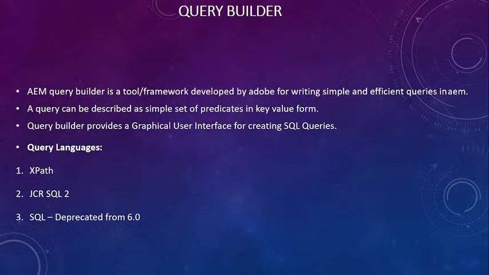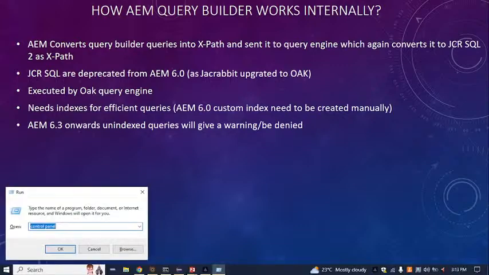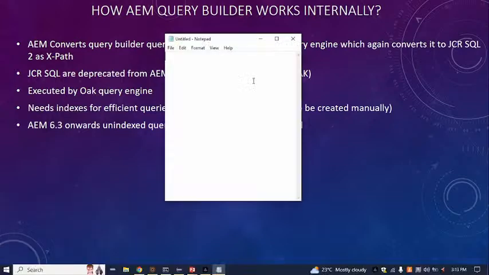After that, it provides one interface, a GUI, graphical user interface, for writing the queries. Now I'll tell you, the API is nothing but backend code, right? They have already created this query builder, and you will create a query somewhere by using backend code.